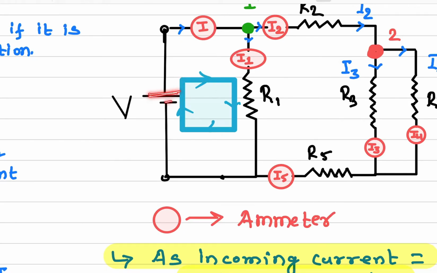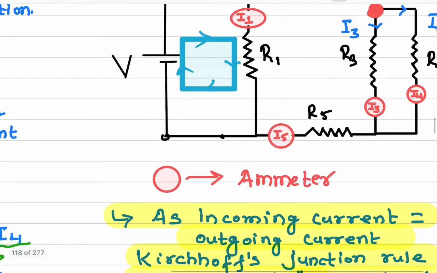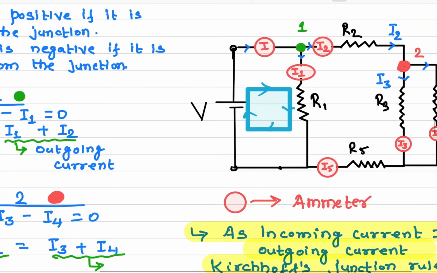This is positive and this is negative, and the travel direction is going from negative to positive. So how do you write down Kirchhoff's law? I'm just going to write down this side here. For the battery it is V, and it should be positive because this is going from negative to positive.